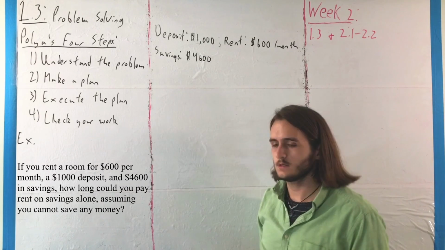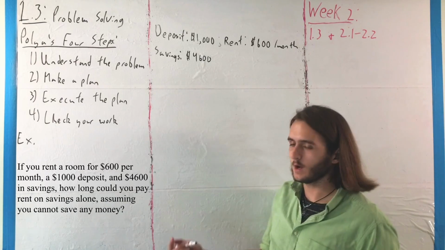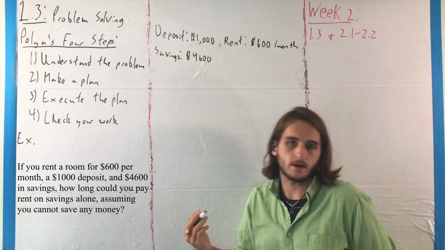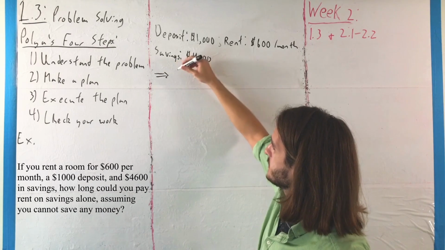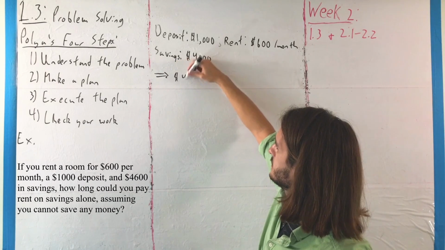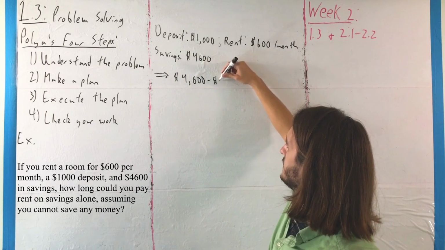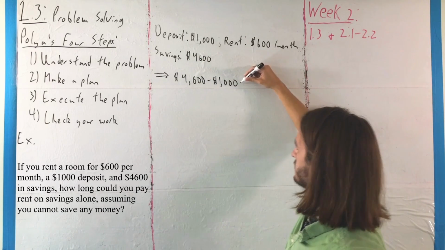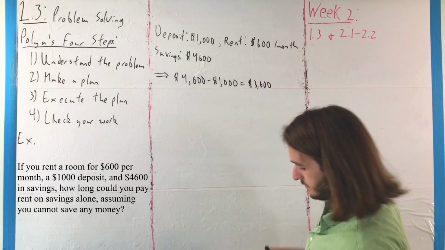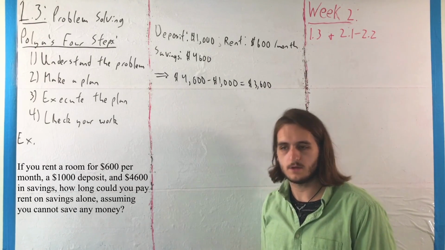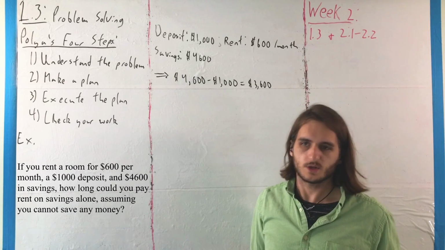Where, in this case, because we are paying that deposit no matter what, like I said, you can stay however long you want, you still have to pay the deposit initially, we can start by taking that $4,600, that total in savings, and just knocking off the $1,000 for the deposit to leave $3,600. Because meaningfully, if you're paying a $1,000 deposit, you have $3,600 in savings.